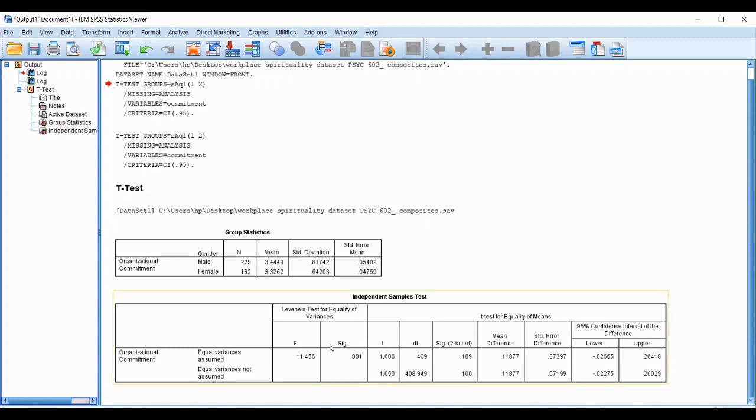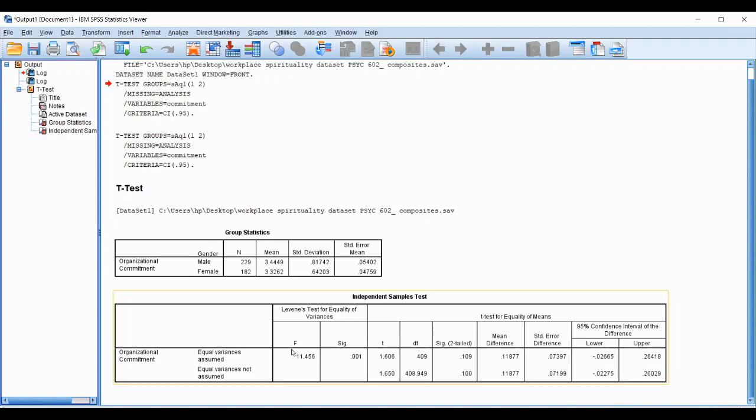Levene's test for equality of variance will let you have a fair idea as to whether the variances are equal or not. A rule about Levene's test is to always use the Sig value. We have Sig and F. We say that if the Sig, also known as the p-value, is less than 0.05, then always assume that the variances are not equal.